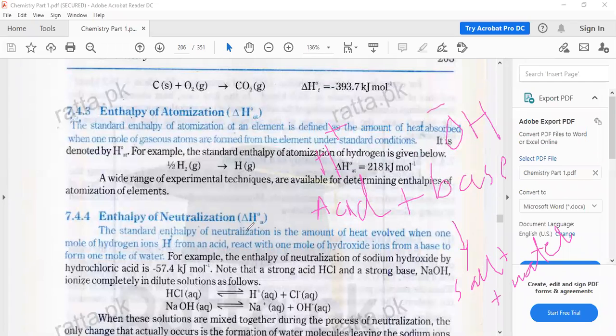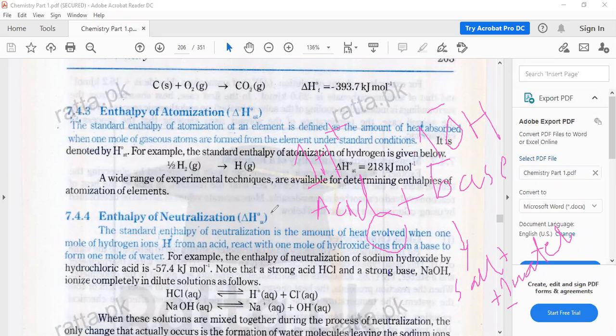According to the definition, when 1 mole of H positive ions of an acid reacts with 1 mole of hydroxide ions of a base to make 1 mole of water, the amount of heat evolved from the system is called the enthalpy of neutralization.